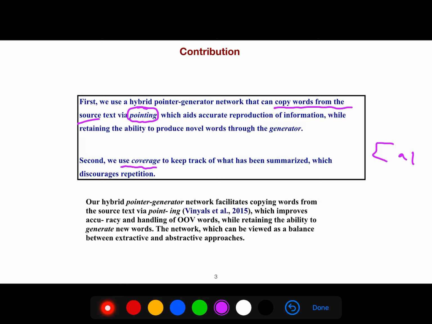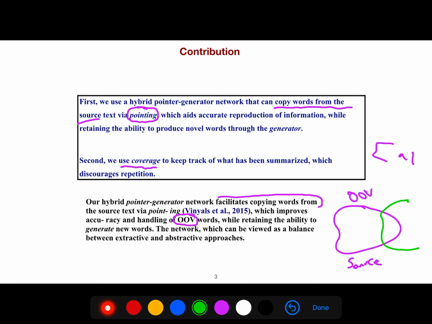So our hybrid pointer generator network facilitates copying words from the source text, which improves accuracy and handling of out-of-vocabulary words. Do you have some out-of-vocabulary word? They are in the source.